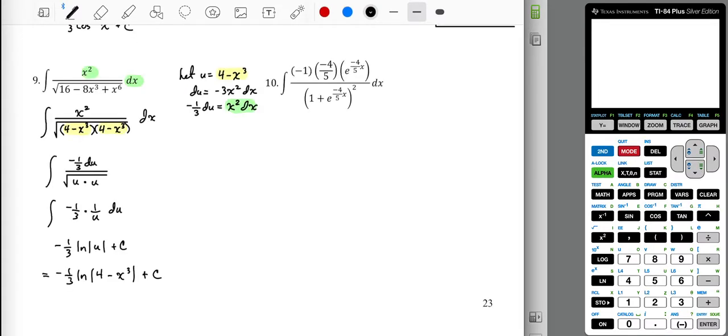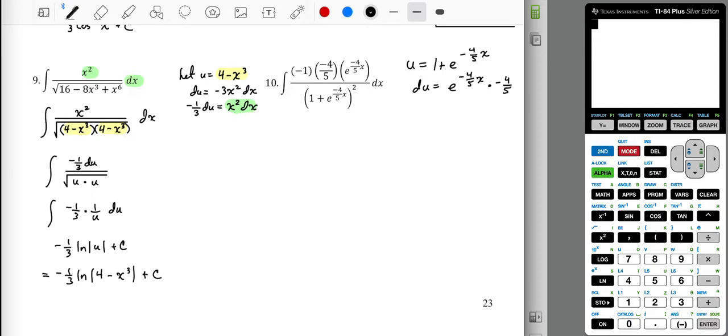And let's see what we can do with perhaps that denominator. Let u equal 1 plus e to the negative 4/5 x, in which case du would be equal to negative, well, I'll write the e to the negative 4/5 x part first, times the negative 4/5.